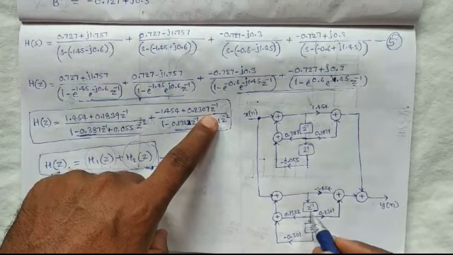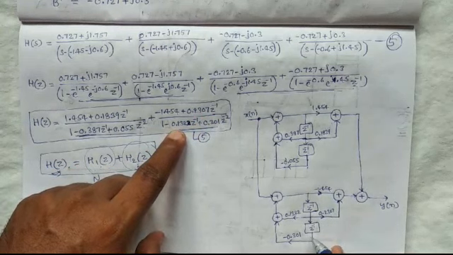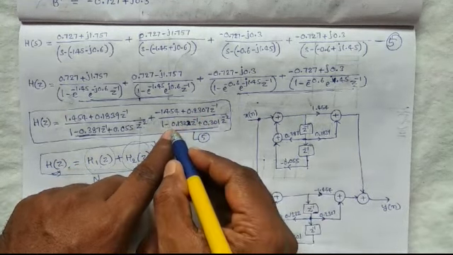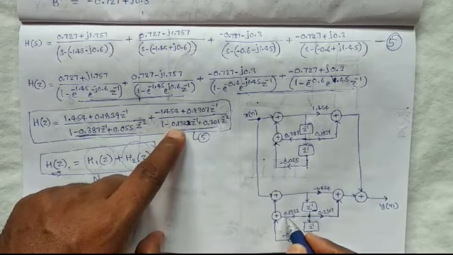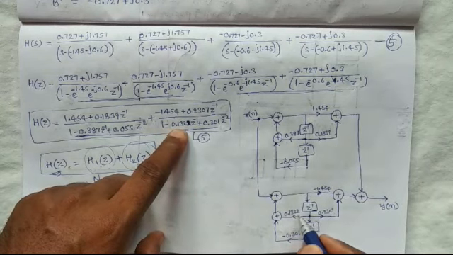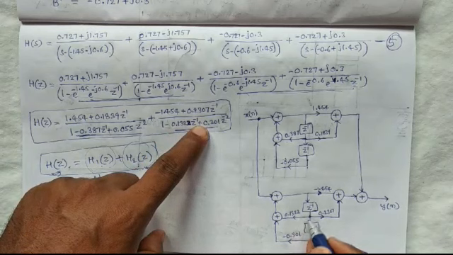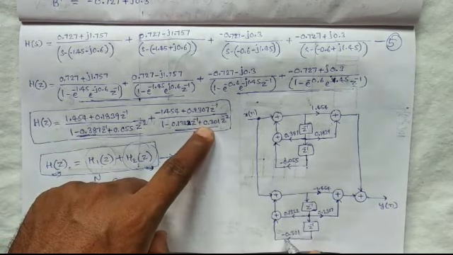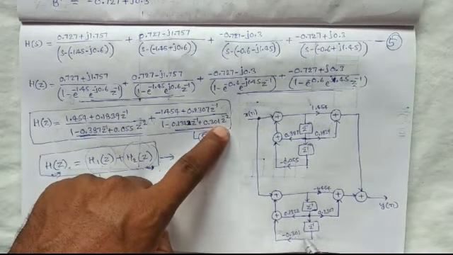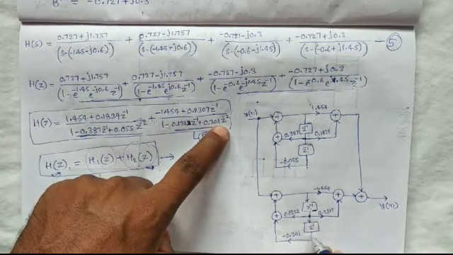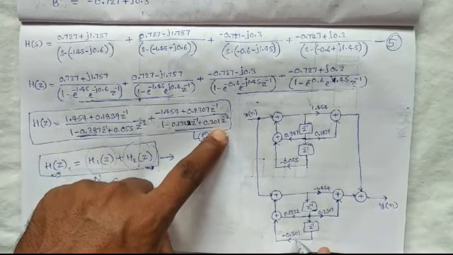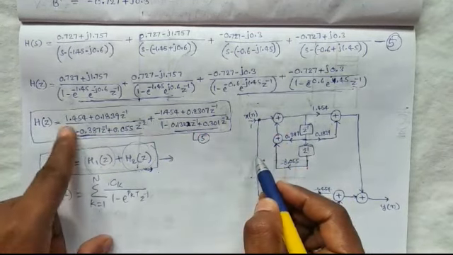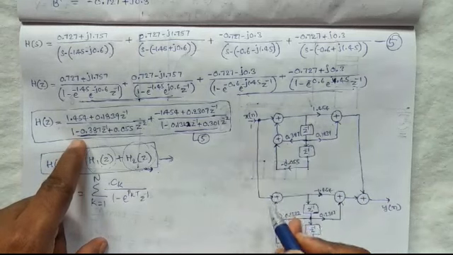Similarly for this one we realize z power minus 1, where negative is there we take positive value 0.1322 z power minus 1. Here this is a positive value, so negative we take: minus 0.301 into z power minus 1 into z power minus 1, z power minus 2. Here this is 1. For both these two equations, this is 1.